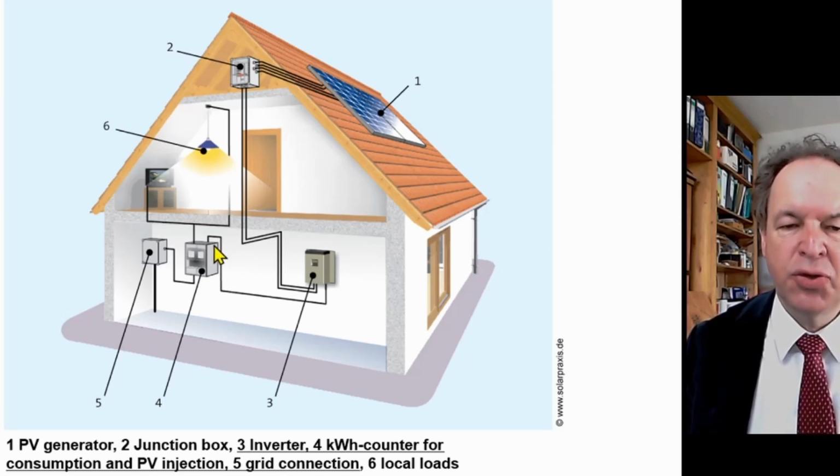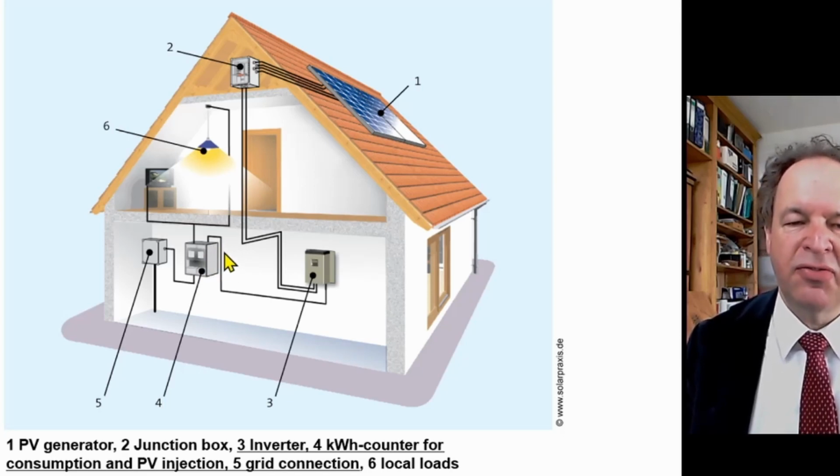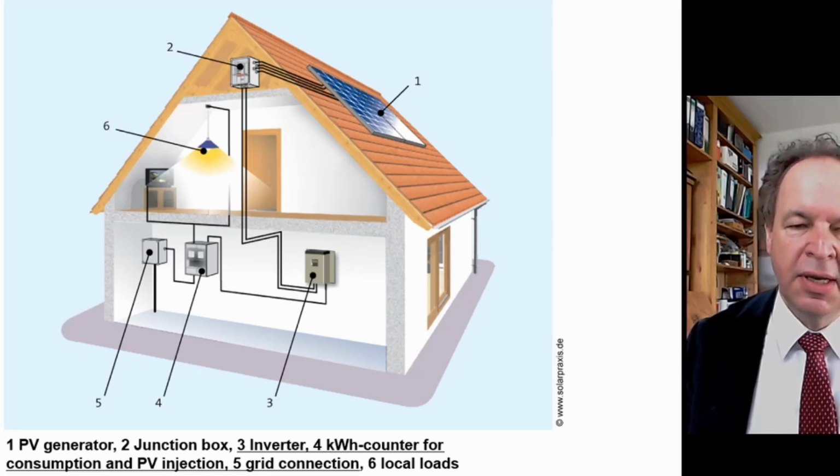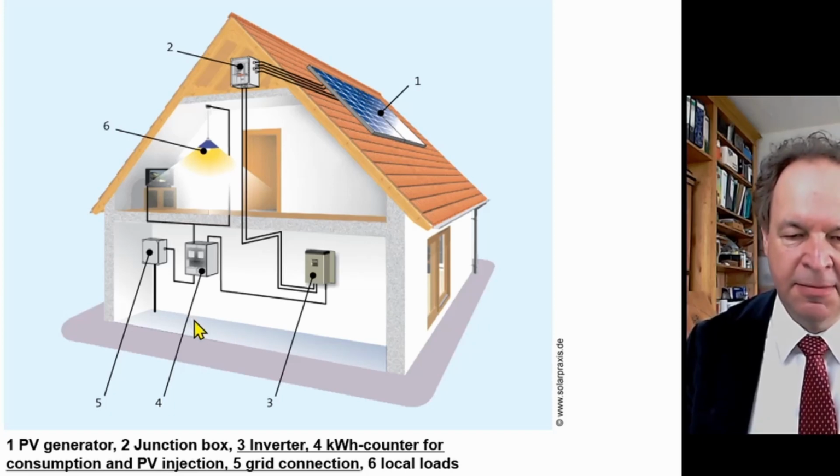For example, in the year 2000 you got paid about 56 cents per kilowatt hour of injected PV electricity, and you paid only about 22 cents per kilowatt hour. Nowadays you pay 30 cents per kilowatt hour for your consumed electricity, but you only get paid about 10 cents per kilowatt hour for the injected electricity.